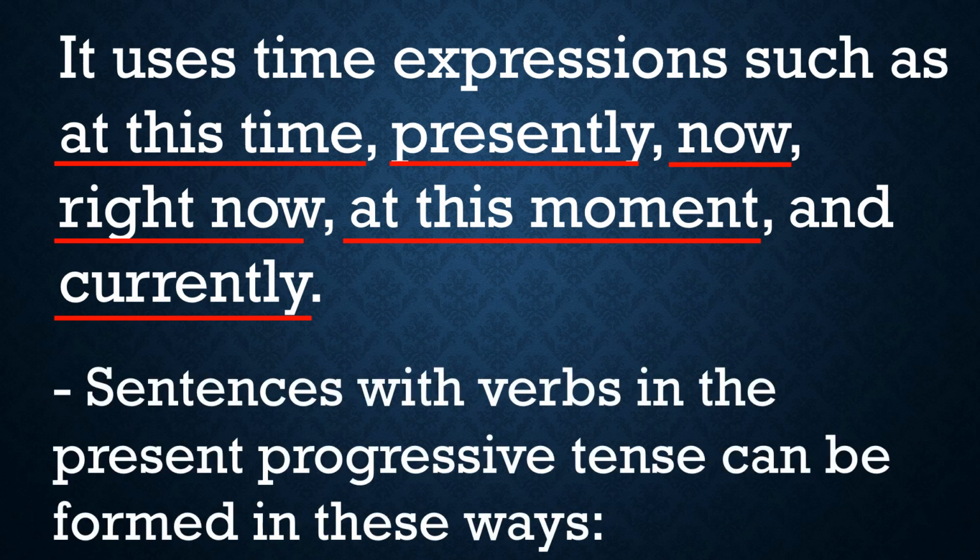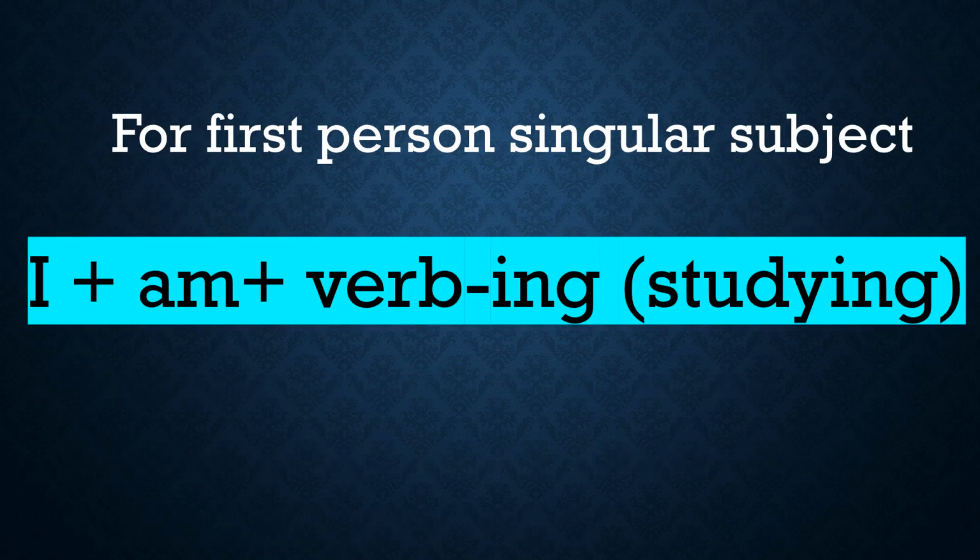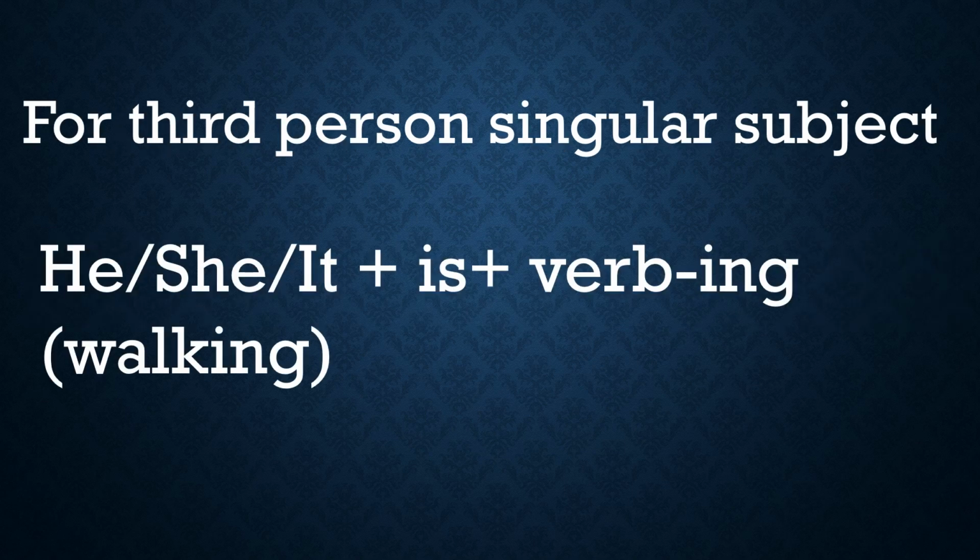Sentences with verbs in the present progressive tense can be formed in these ways. For the first person singular subject, it should be I plus am plus the verb ing, example studying.